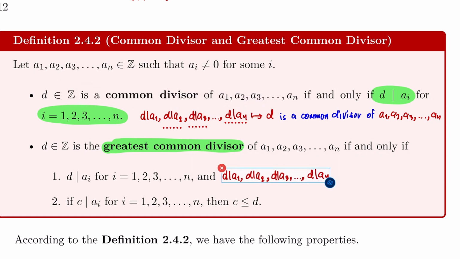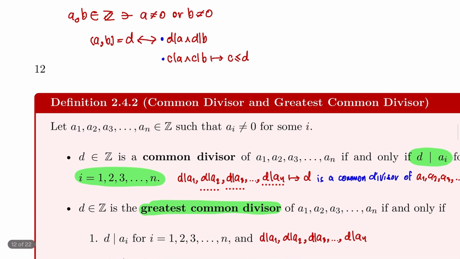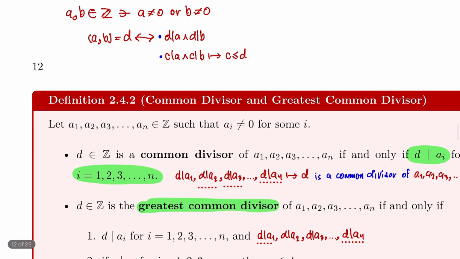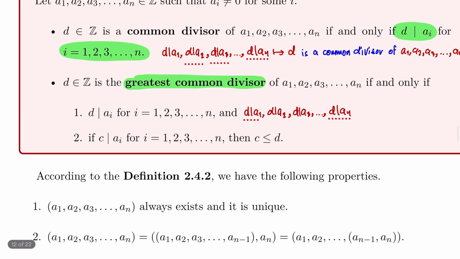And then, just like the greatest common divisor of just two numbers, if you want to make sure that D is the greatest common divisor of all of these numbers, you need to have another divisor, which is C, and this other divisor that divides all the a's right here must be less than or equal to D.